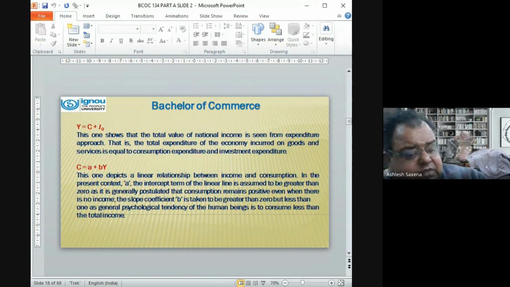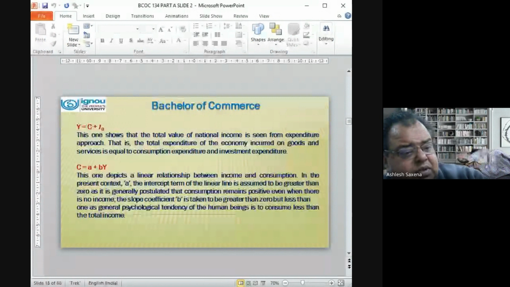That is why it is C plus I naught. When we talk about C, we can see that C is equal to A plus BY. This is known as the linear relationship between income and consumption.